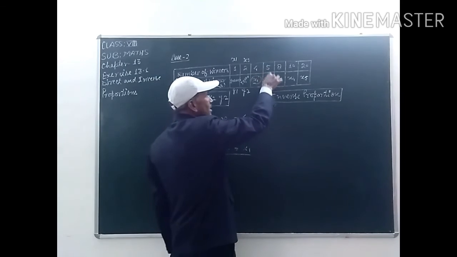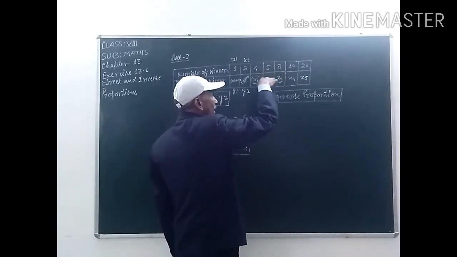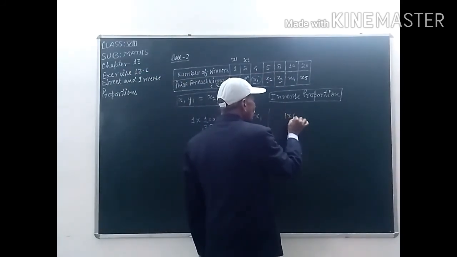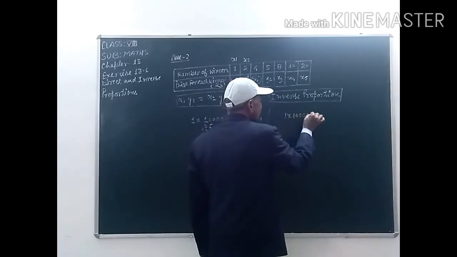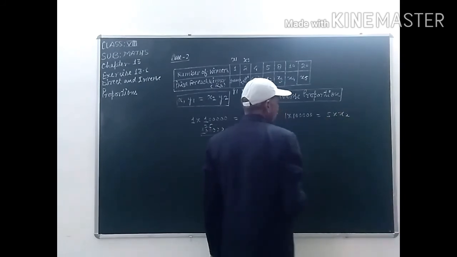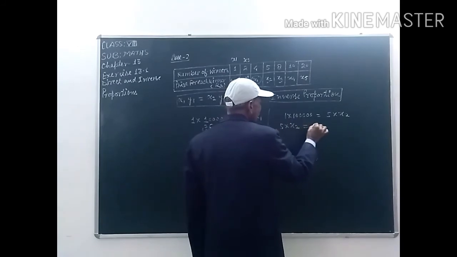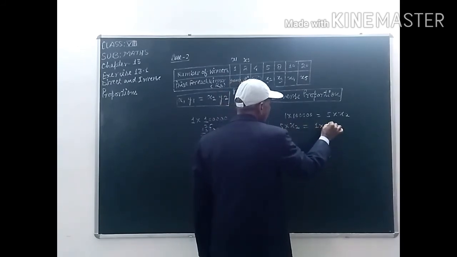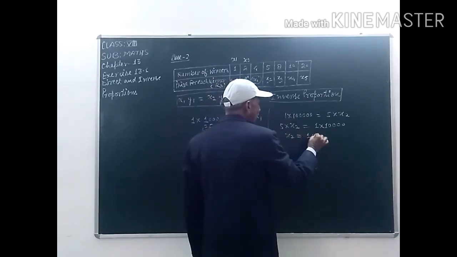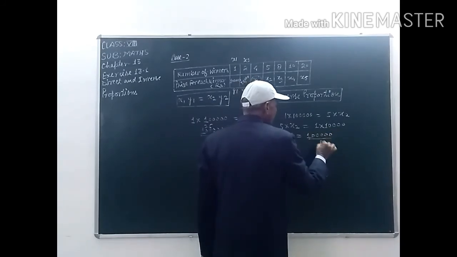If the number of winners is 5, what amount will they get? So here 1 into 1 lakh is equal to 5 into x2, or 5 into x2 is equal to 1 into 1 lakh. Then x2 is equal to 1 lakh divided by 5.